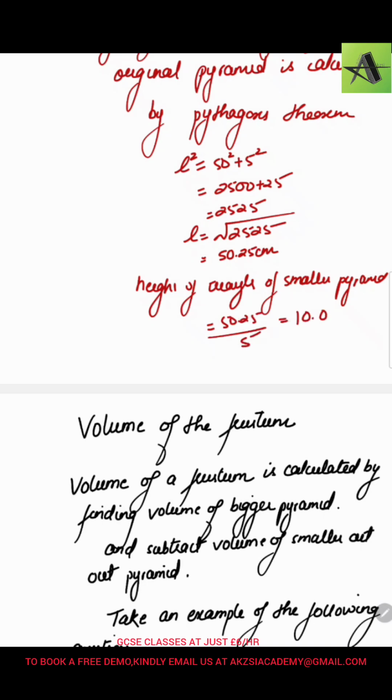That will give you 10.05. So from here, the height of the trapeziums, I'm talking about the trapezium surface, you just have to subtract them. So 50.25 minus 10.05 will give you 40.2.